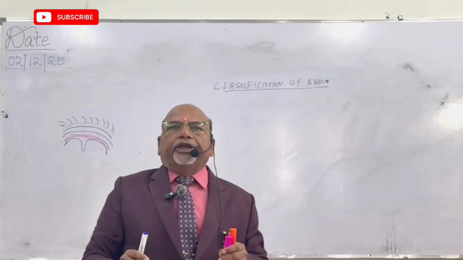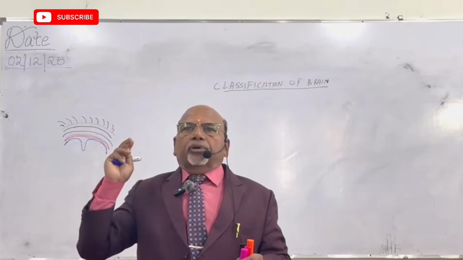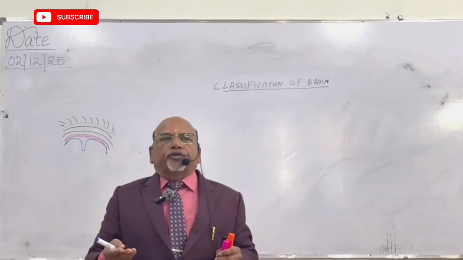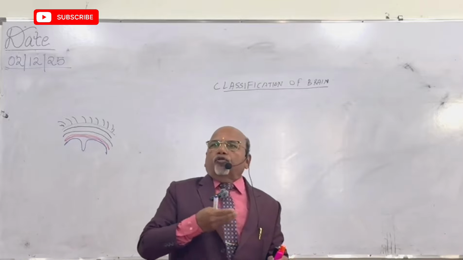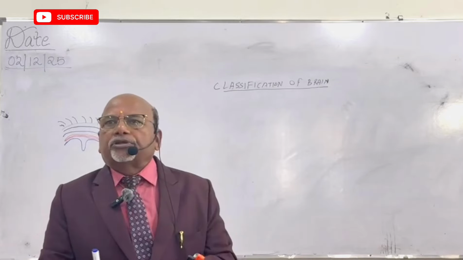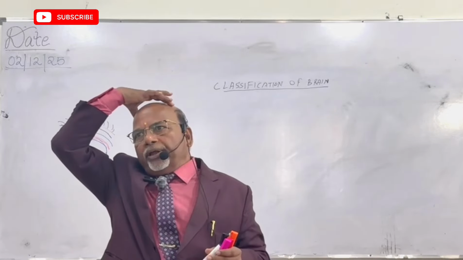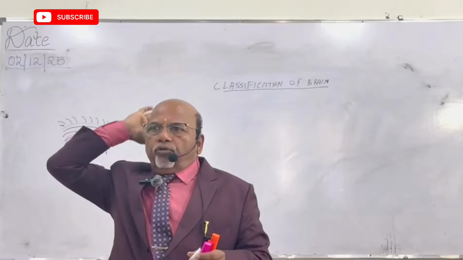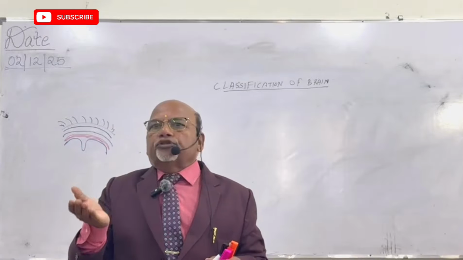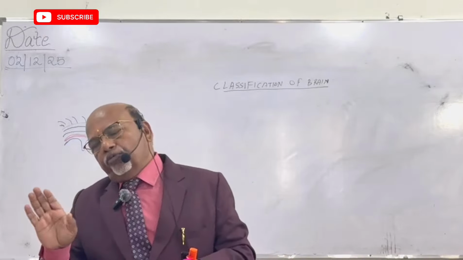It is formed by 8 bones: frontal, 2 parietal, 2 temporal, 1 occipital, and sphenoid and ethmoid forming the floor of the cranial box. The cranial cavity is the brain box. How many bones are there? 8 bones. It's clear.